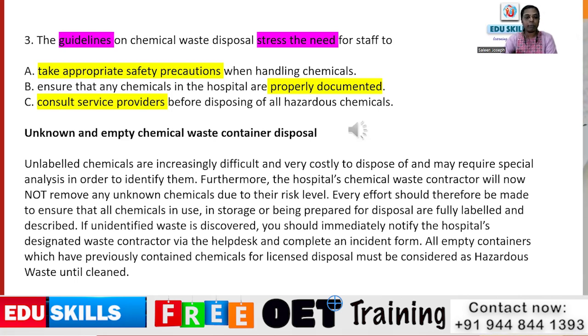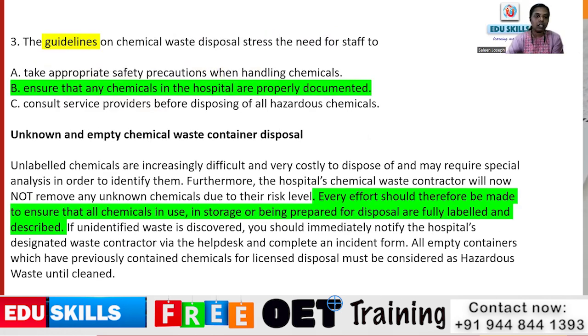Every effort should therefore be made to ensure that all chemicals in use, in storage, or being prepared for disposal are fully labeled and described. If unidentified waste is discovered, you should immediately notify the hospital designated waste contractor via the help desk and complete an incident form. All empty containers which have previously contained chemicals for licensed disposal must be considered as hazardous waste until cleaned. You have noted down the hedging words.